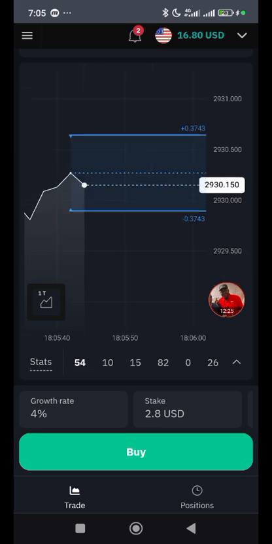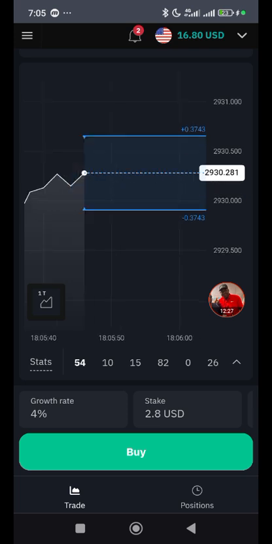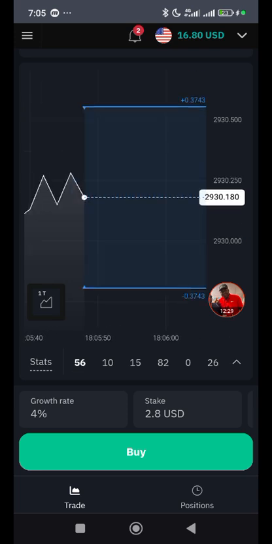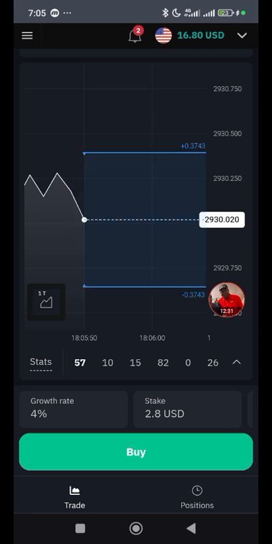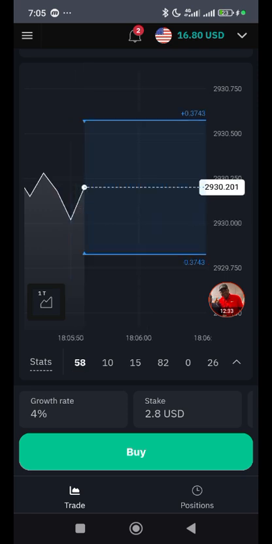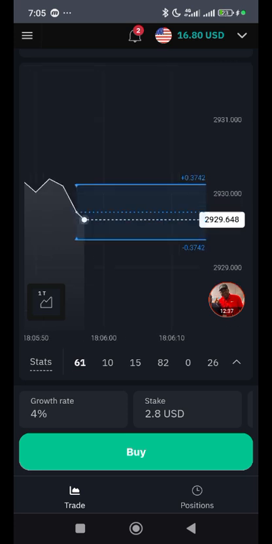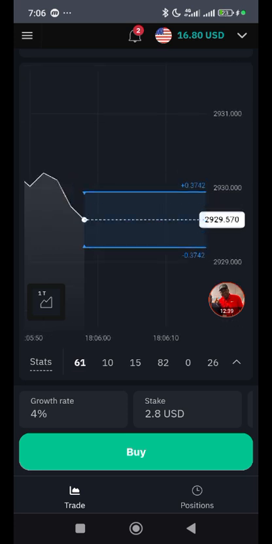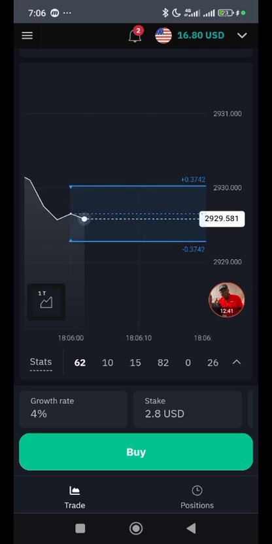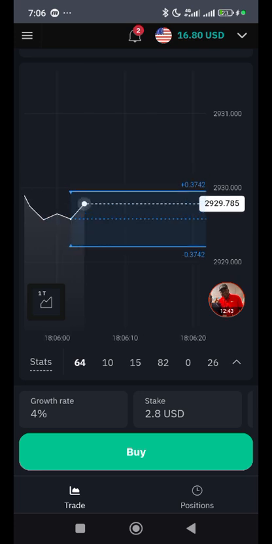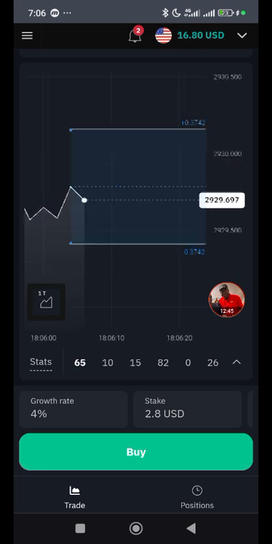There are periods when you are not going to receive signals because the market is moving very, very fast. Okay, there are periods like that, so not a problem.